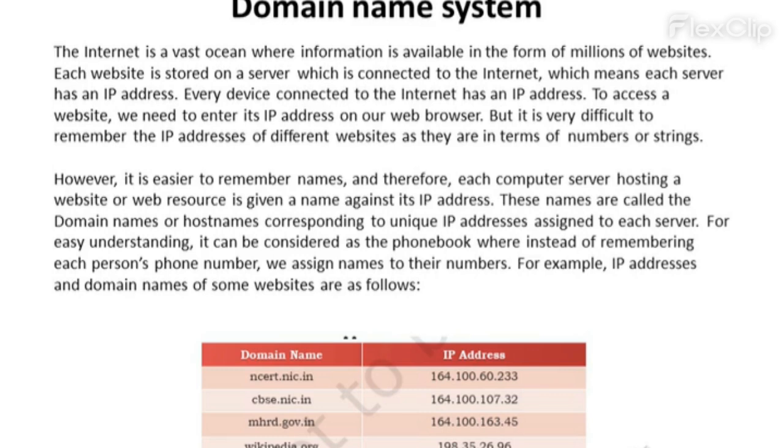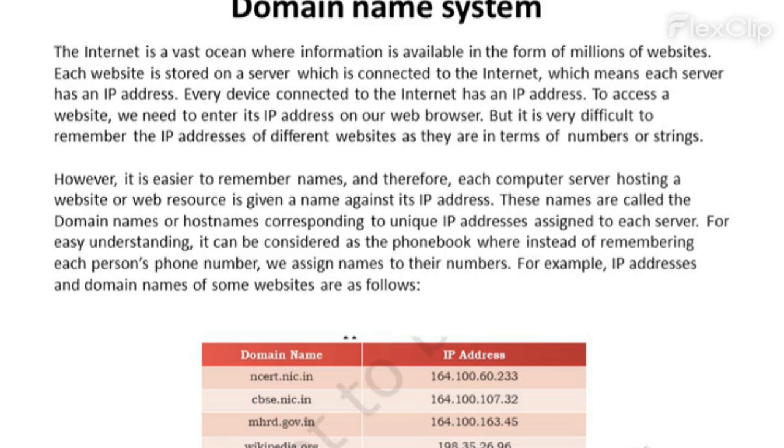For example, if I type www.google.com, the domain name system translates it into a machine-readable IP address like 172.217.0.46. So behind every domain name, there is a kind of unique IP that represents that domain name.